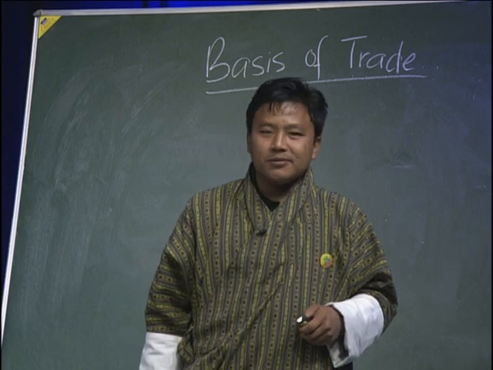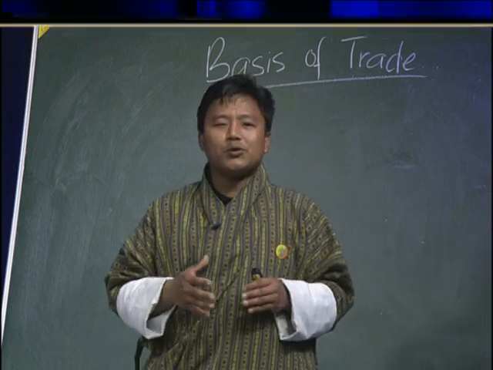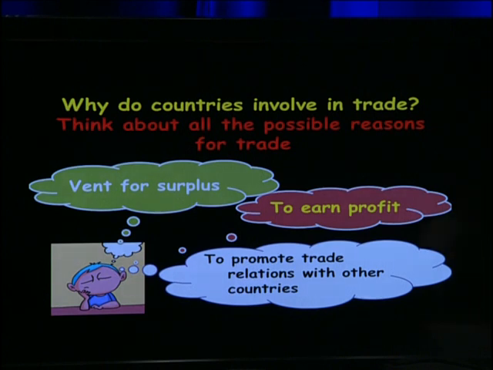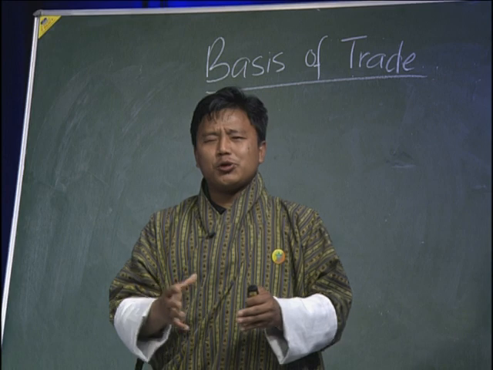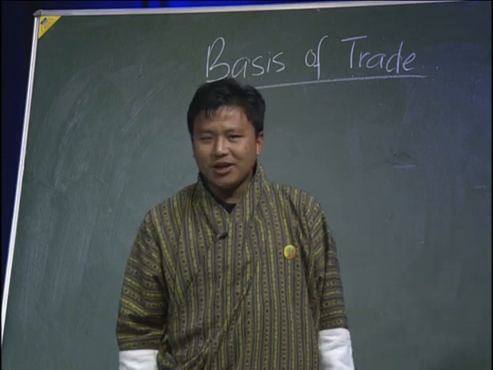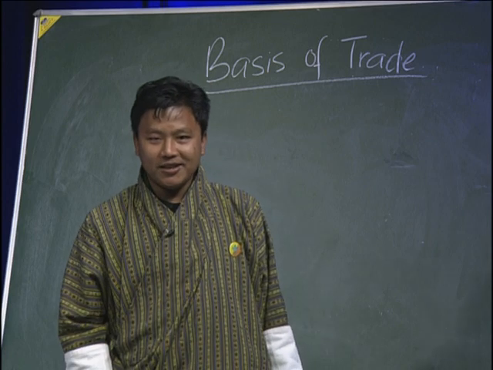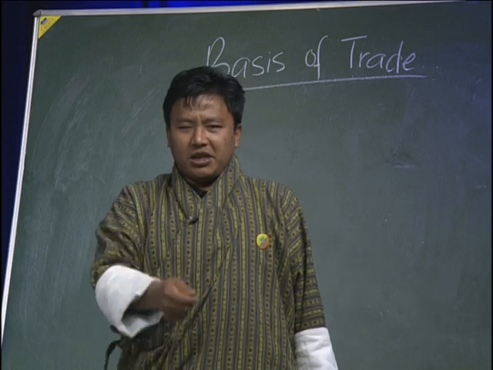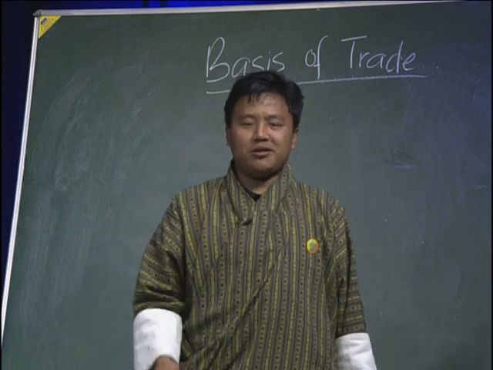Also, in order to promote trade relations with other countries, and to sell the surplus product to other countries, which is known as vent for surplus. The country also gets involved in trade to earn foreign currency, that is US dollar. That can be any, but in Bhutan, US dollar.